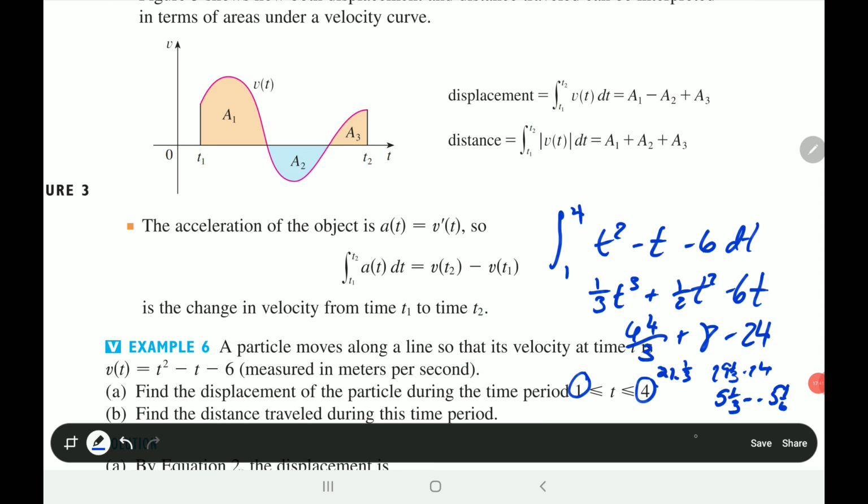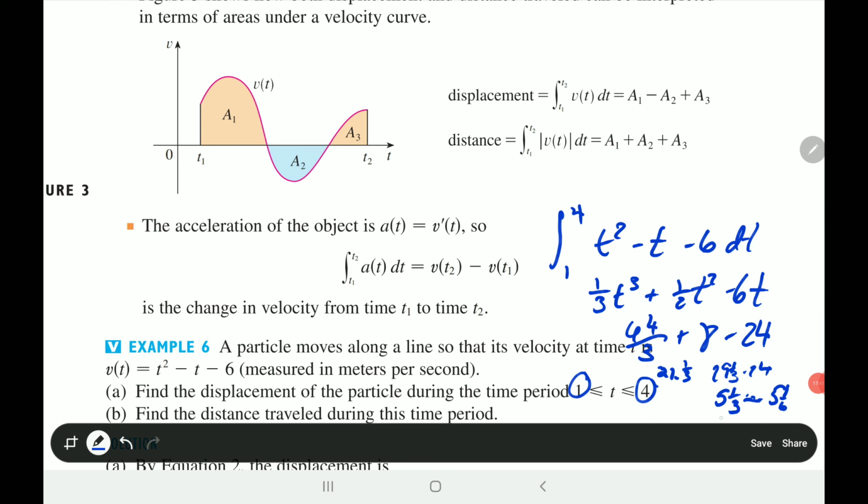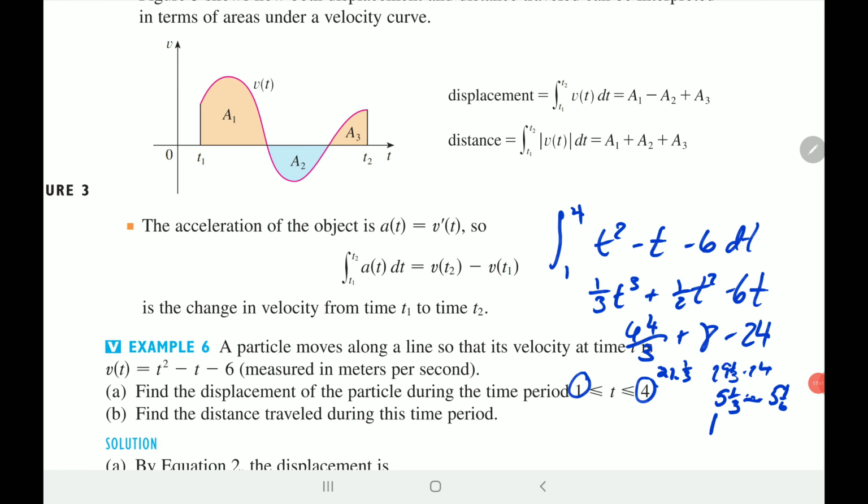Make sure I'm doing it right. So that becomes positive, and I get 10 and 1/3 plus 1/6, 10 and a half. So it gives you 10 and 1/2.